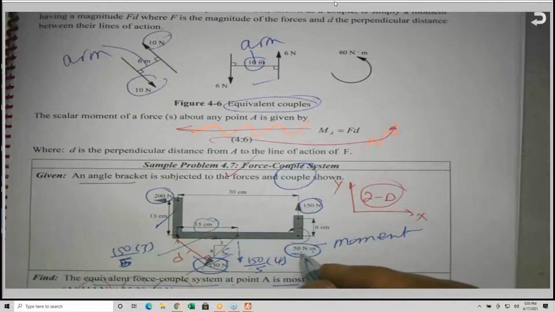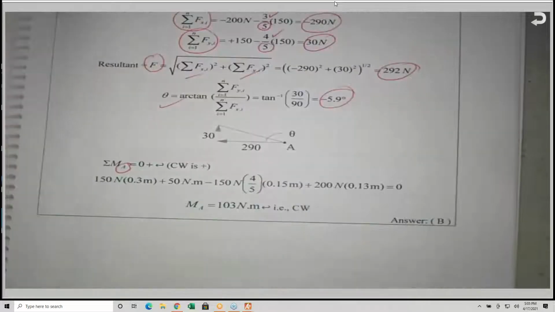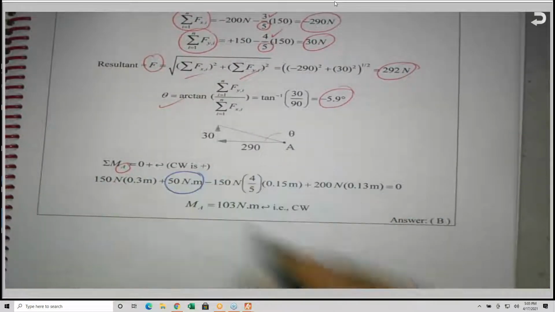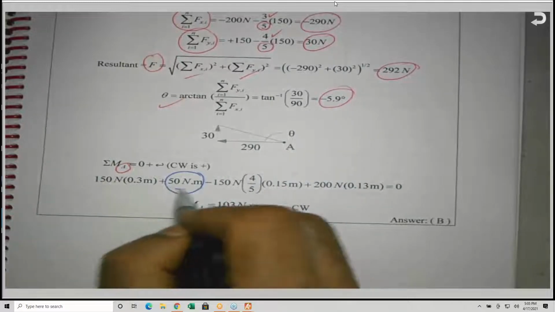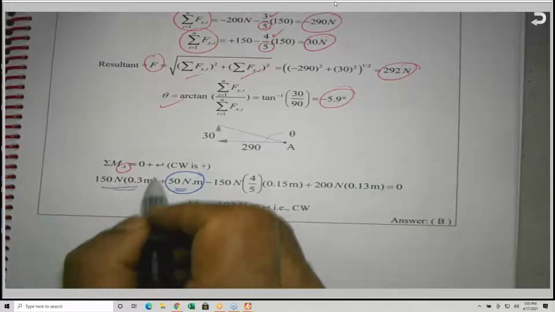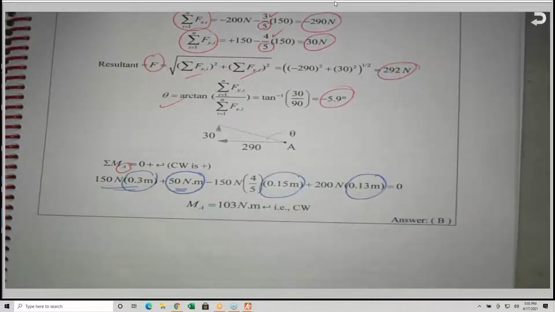So don't make the mistake of saying, oh, I'm going to multiply this by this distance here. No, we don't multiply the moment. This is why you find the 50 Newton meter as is. No distance, it's already a moment. But for all other forces, you will find there is an arm, there is an arm, there is an arm. I need you to be aware of that.